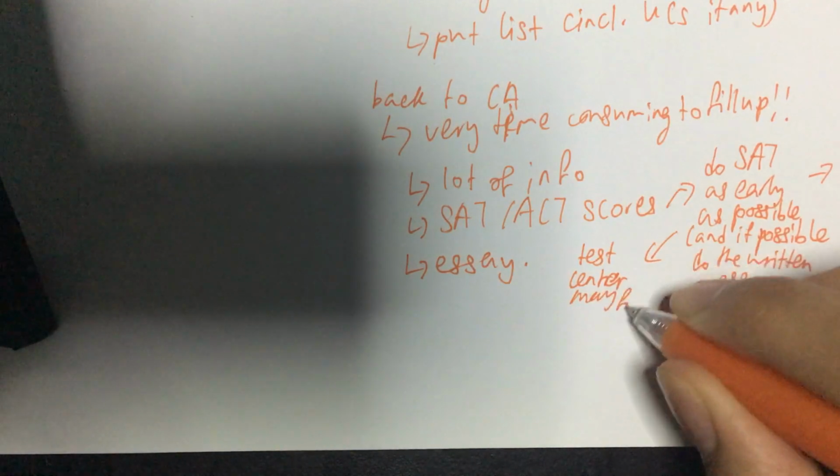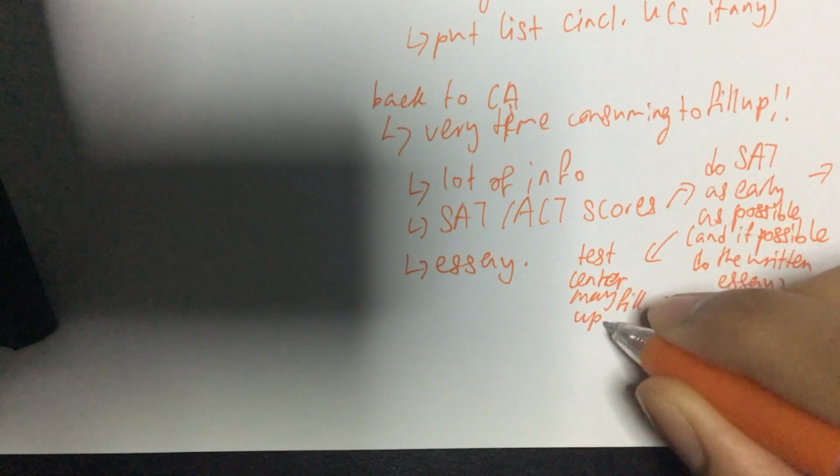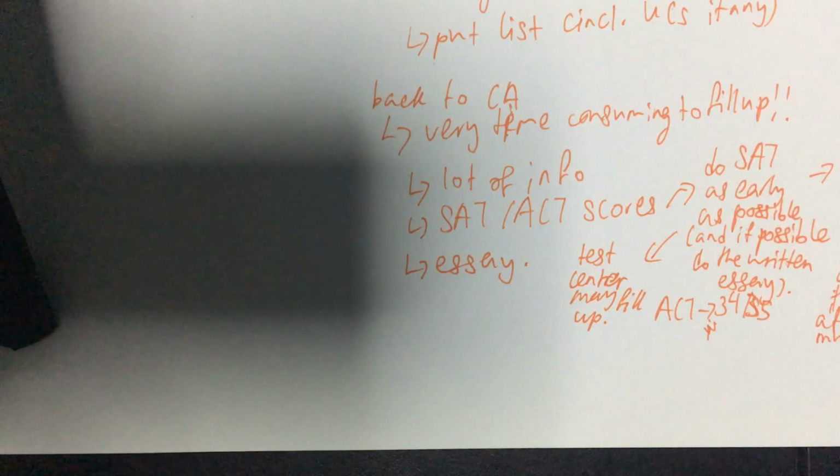So just be aware of it. If you're fine with going to Johor Bahru, then okay, fine. Yeah, so I will talk more about my own experience with the SAT in my blog video.